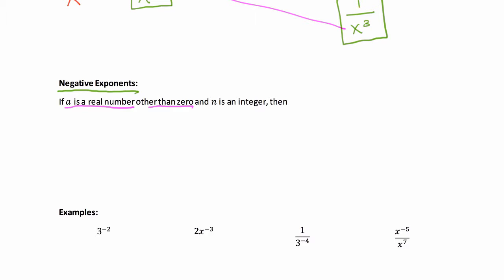And so remember, when I talk about an integer, if n is an integer, it can be like negative 3, negative 2, negative 1, 0, 1, 2, 3. So like numbers, but also the negatives of those numbers. Then, and this is the big deal, a to the power of negative n is equal to 1 over a to the positive n.